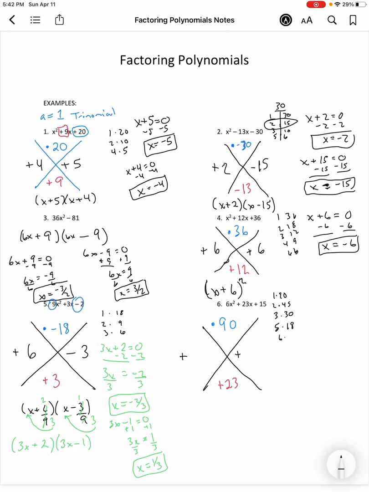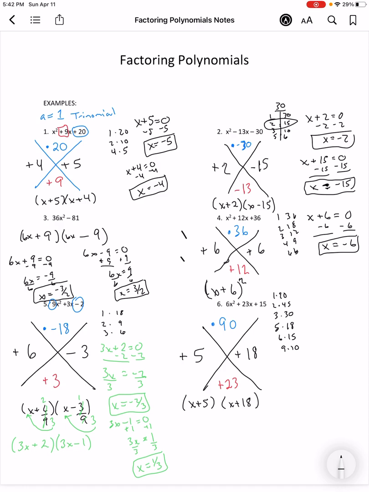Could be 6 and 15. Then it could be 9 and 10. All right, so when I add those up, 9 and 10 is 19, 6 and 15 is 21, 5 and 18 is 23. So I want to take 5 and I want to take 18. So I'm going to say x plus 5, and then x plus 18.